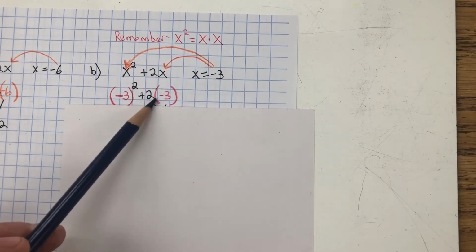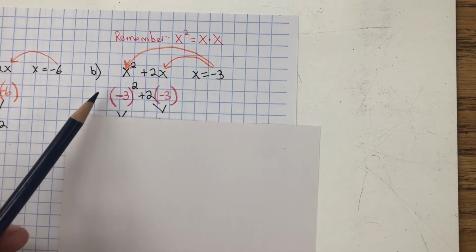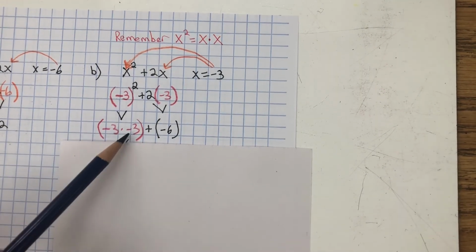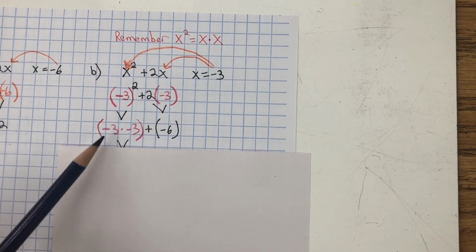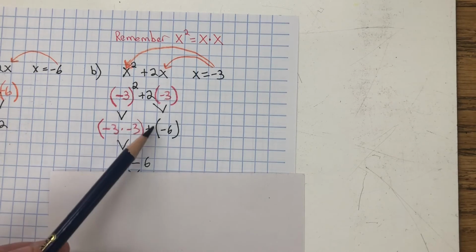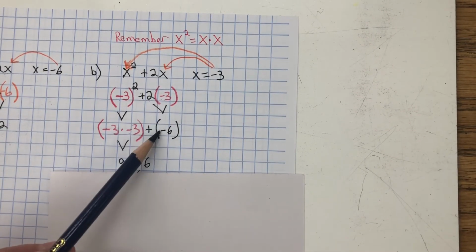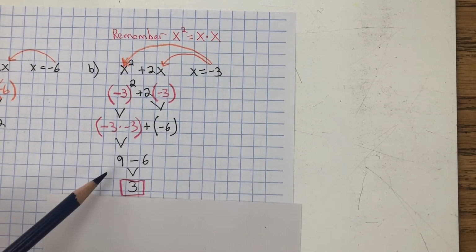So 2 multiplied by negative 3. Follow the order of operations. So we have negative 3 squared, which is negative 3 multiplied by negative 3. Negative multiplied by negative is a positive, so that's positive 9. 2 multiplied by negative 3 is negative 6, because a positive multiplied by negative is a negative. And now we have 9 minus 6 equals 3.